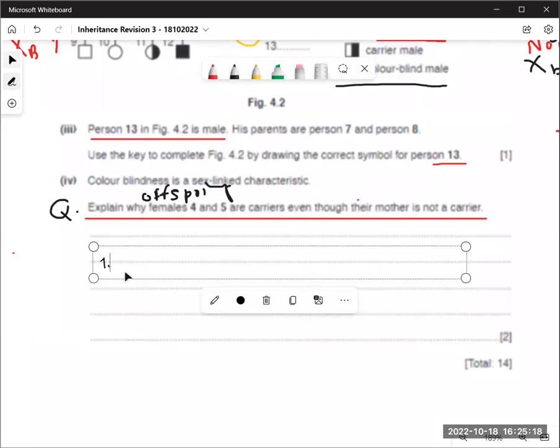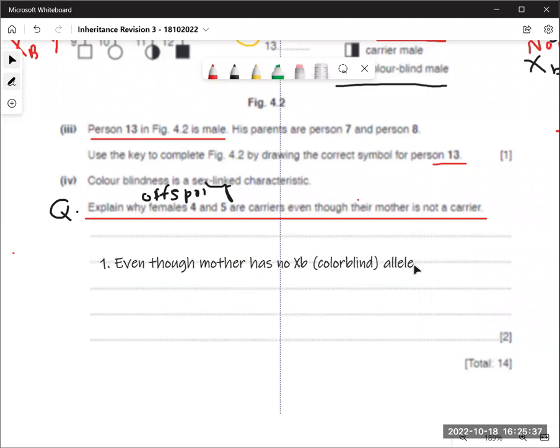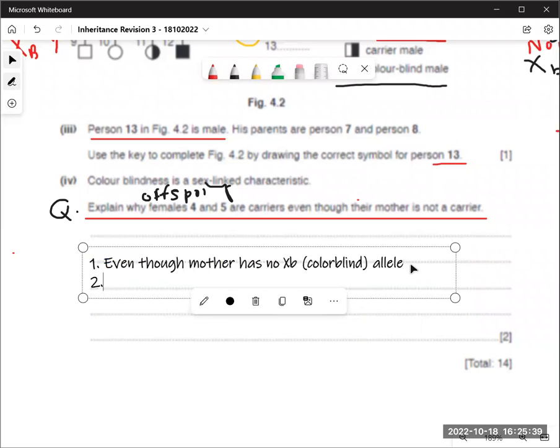So the answer is, even though mother has no X small b allele, which means colorblind allele, father is colorblind, XbY. Write this in your notebook, quick.